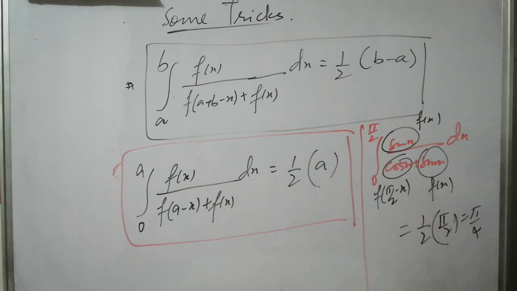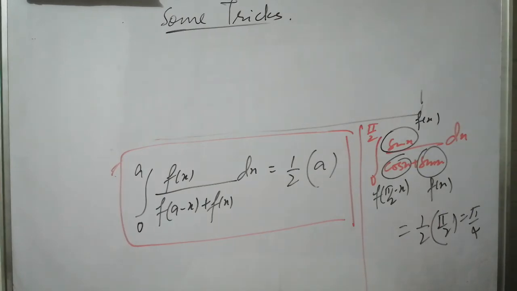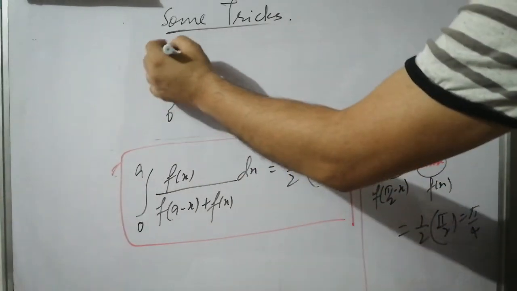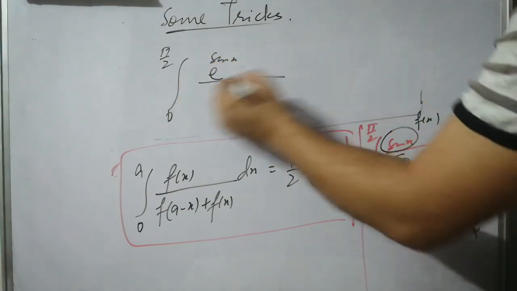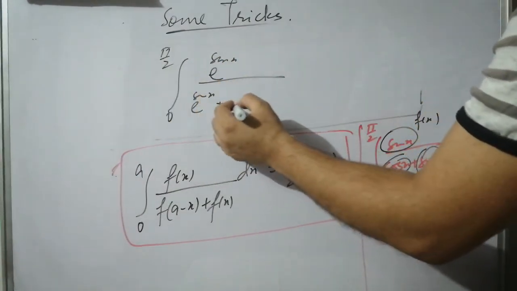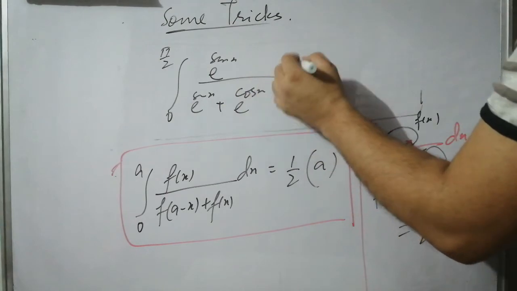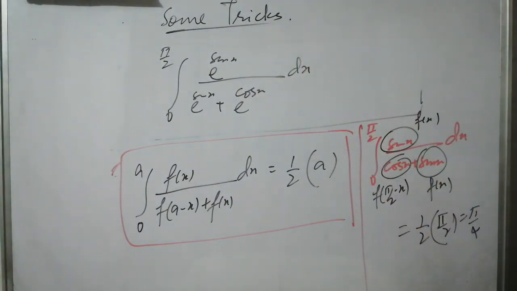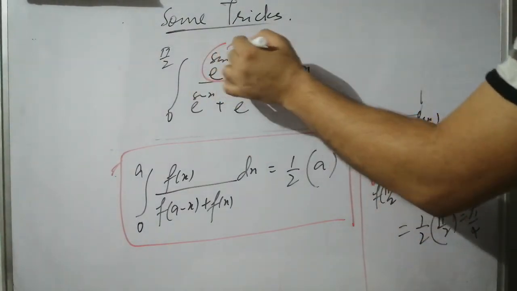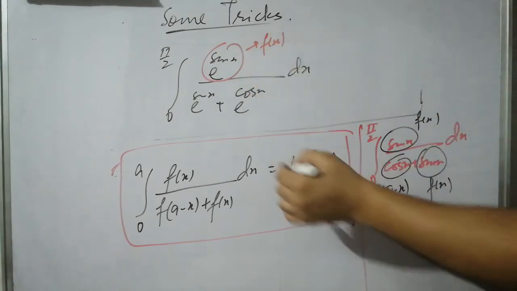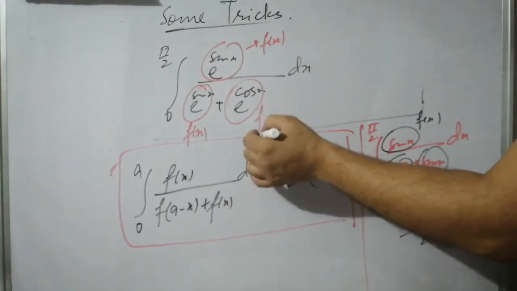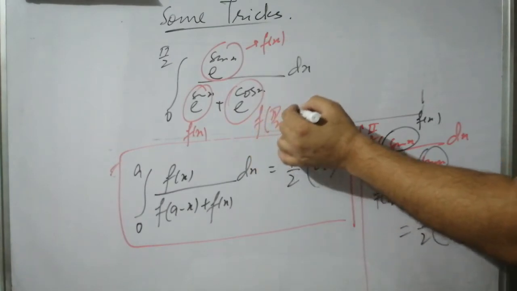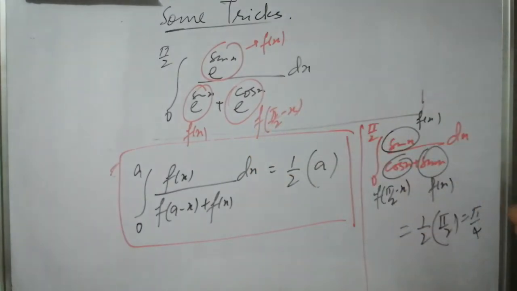अब इन क्वेश्चंस को कभी कभी he will give you bit complex problems to solve, like 0 to pi by 2 e raised power sin x upon e raised power sin x plus e raised power cos x dx. So now if you look at this, if this is f of x, so this is again f of x, and this is f of upper limit minus x, a pi by 2 minus x.